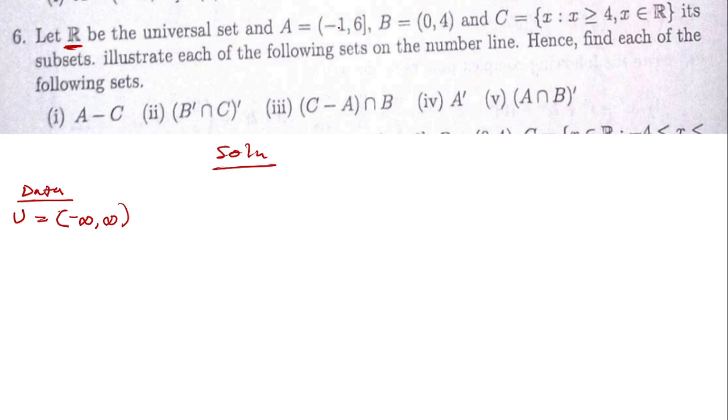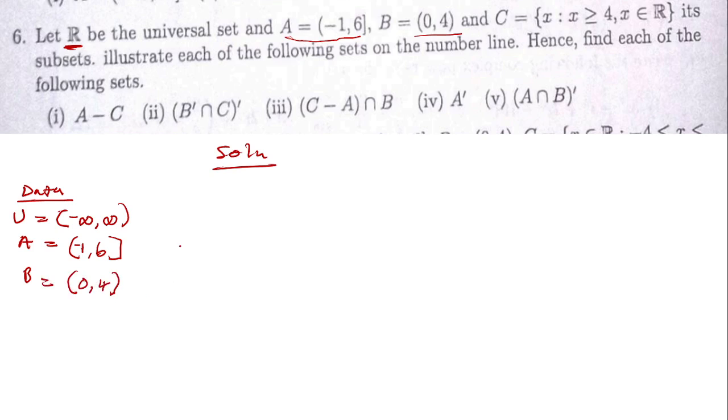Then we have been given set A, which is this one, and set B, which is that one, and then set C, which is that one there. I'll write set A to be equal to open -1, comma 6, and then a closed block bracket. Then B, which is simply open 0, comma 4, which is very easy.